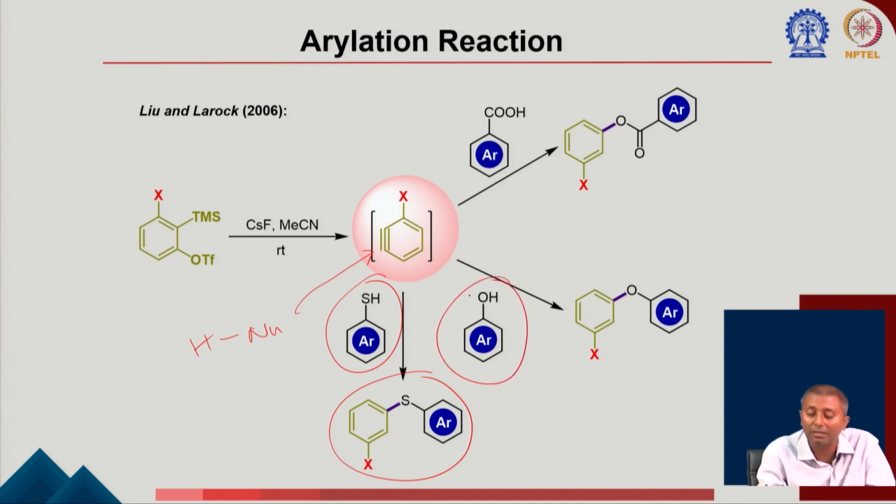If you have a phenol, then the oxygen is going to attack, and finally this proton will transfer to that ring to form this product. If you have a corresponding carboxylic acid, what is going to happen? Again, the oxygen is going to attack here, generate this minus, which will be taken by the proton.